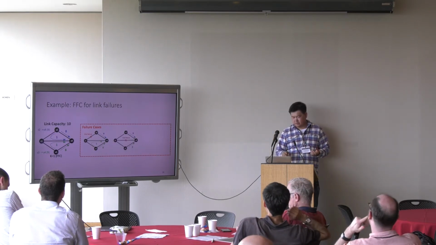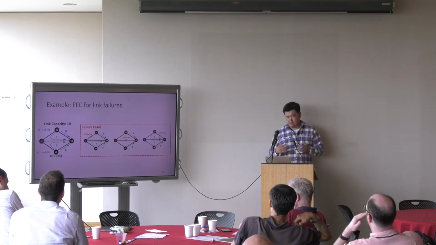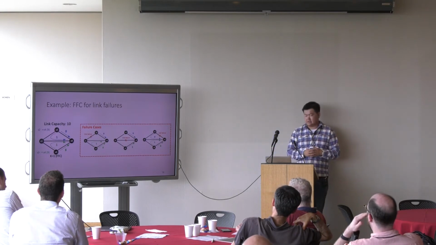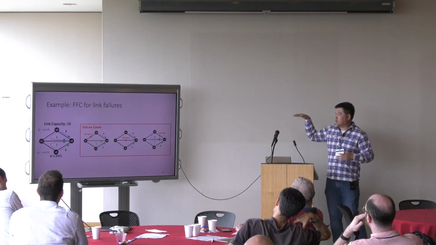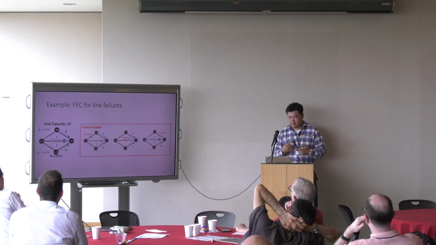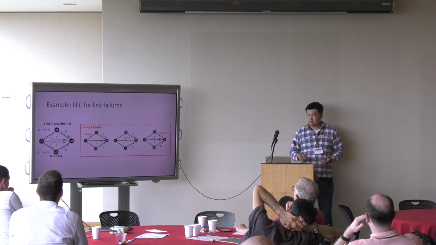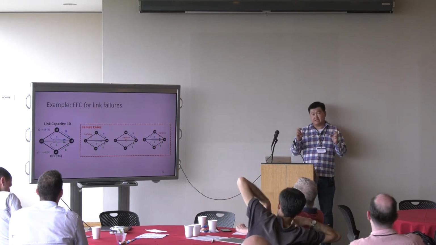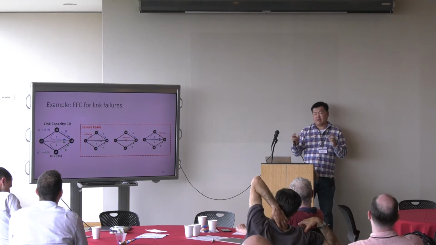If we fail the link from S1 to S4, no congestion. If we fail S2 to S4, no congestion. Due to the symmetry, any single link failure cannot cause any congestion. This shows you a case that this kind of traffic engineering exists. What matters is how I'm going to find it systematically.